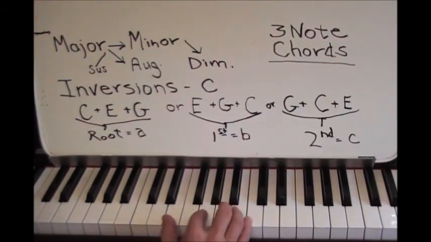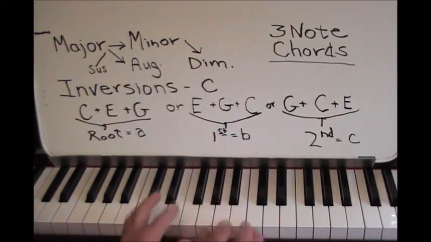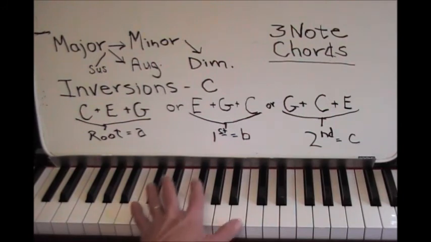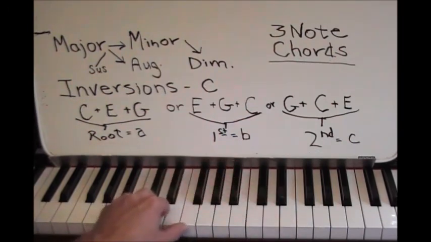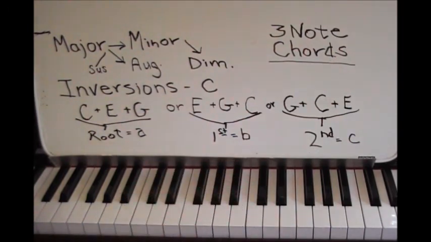By understanding the use of these inversions, we can keep the movement, whether it's the right hand or the left hand, to a minimum and smooth out the transitions between the chords so that they don't sound so jumpy and different all the time. And that is a big part of the use of inversions.